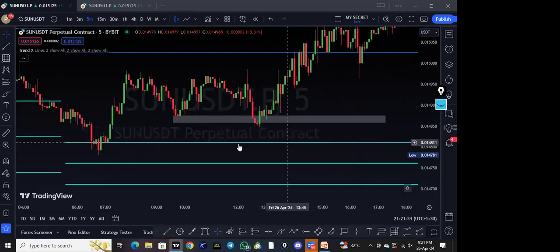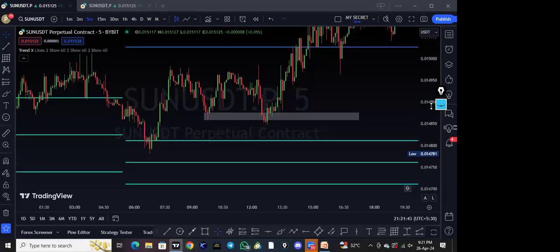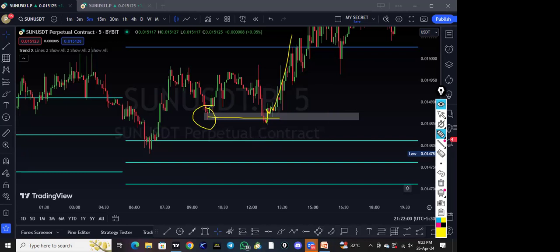If I tell you that no, you should wait till here, and it is not coming, then you cannot take the trade. We have to move on. We have to learn at least basic price action. If we don't have any low here, then we have to wait till here. But we have one low here, so if there is any confirmation here, we can go for long.